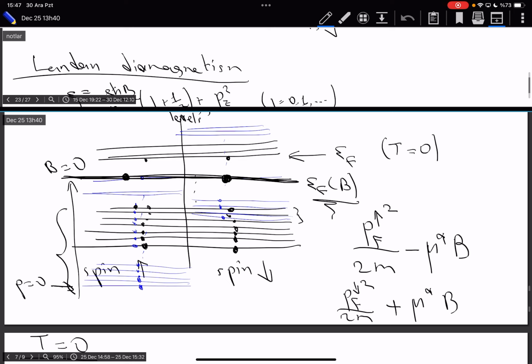One will be spin up, the other one will be spin down. When you put on the magnetic field, spin up, its energy values will get lower and lower. Spin down will flip. It will also become a spin up state. If you increase the magnetic field, it shifts the energy to lower and lower values, and hence the Fermi level shifts down.